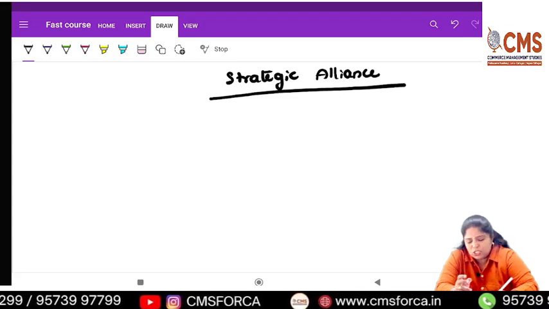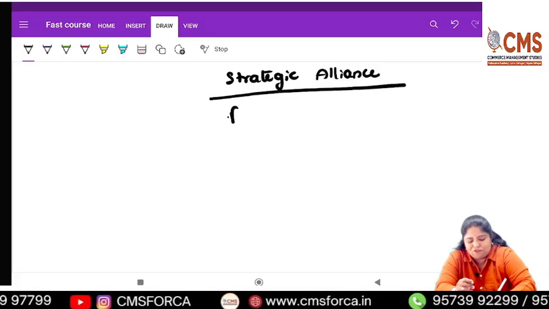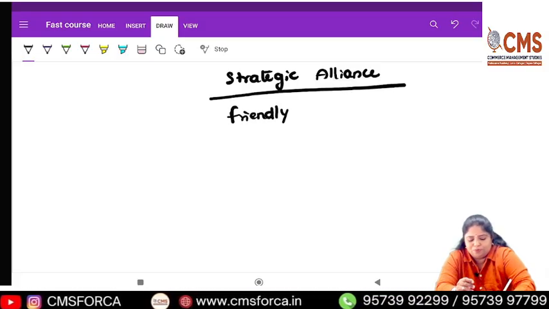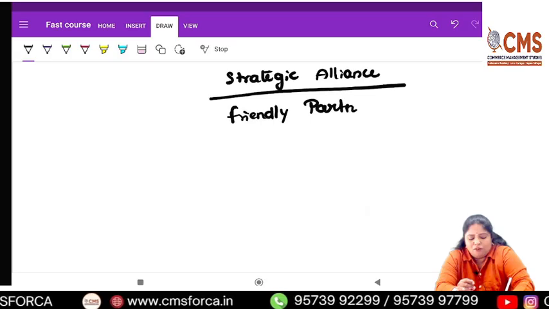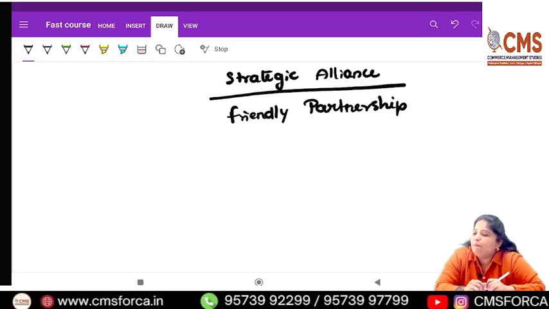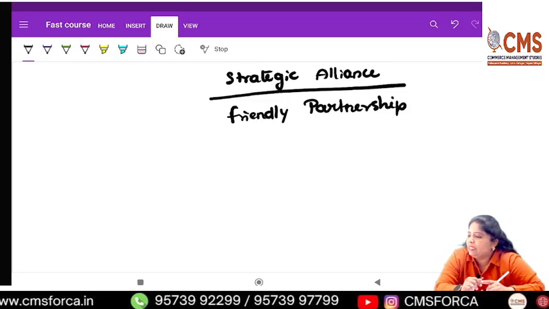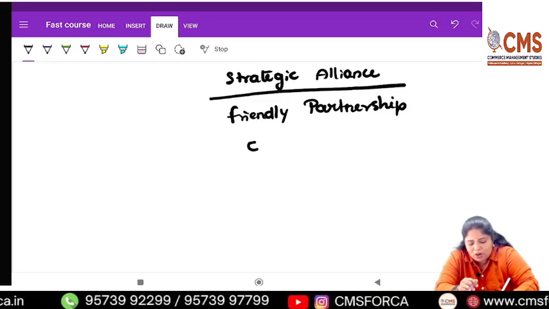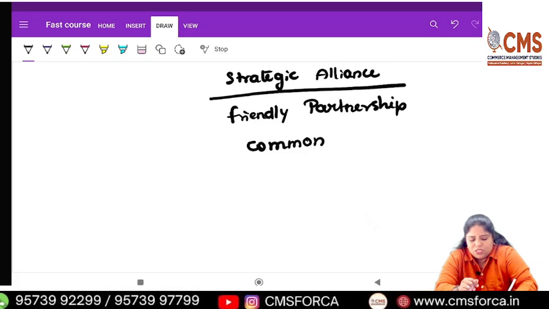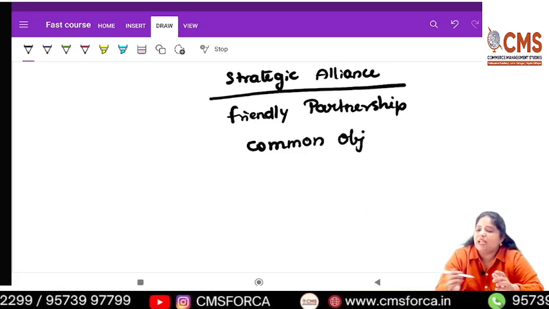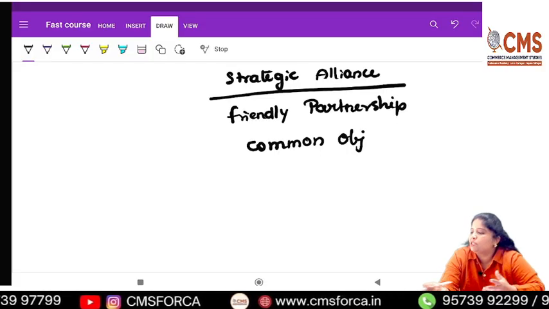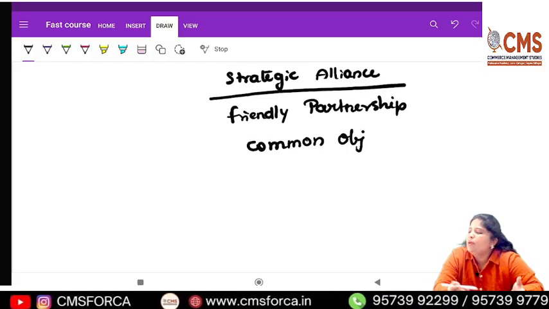A strategic alliance is usually considered a friendly partnership that happens between business entities which have common objectives. So, it is usually an alliance between business entities who must be sharing common objectives.